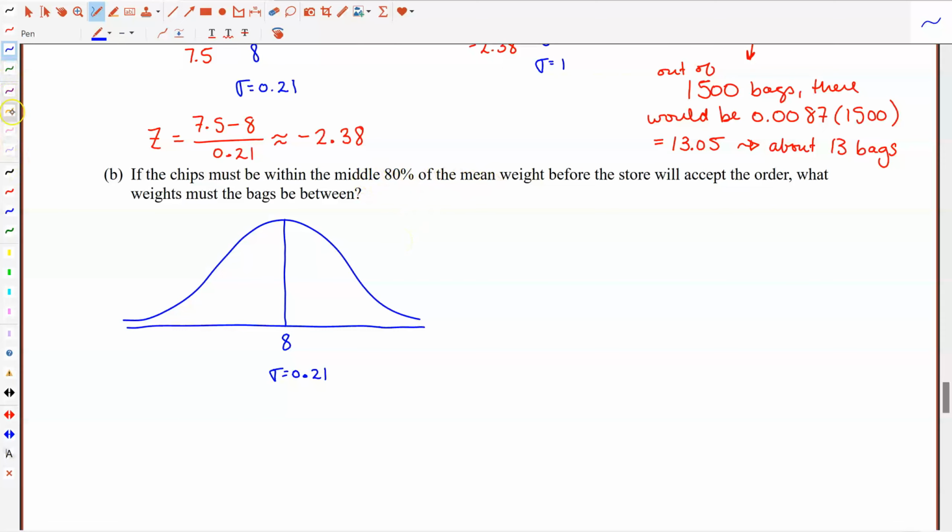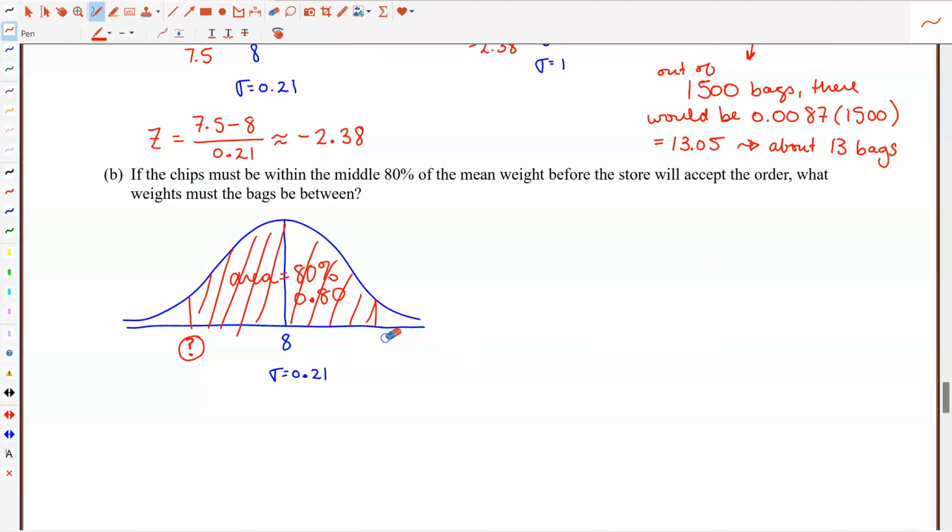So middle 80% would be, if I were to put down some markers, maybe something here and here, to the left and to the right of 8, such that the area in between them, this area, I want that area to be 80%, or 0.80. We want to know what this value is to the left and what this value is to the right.